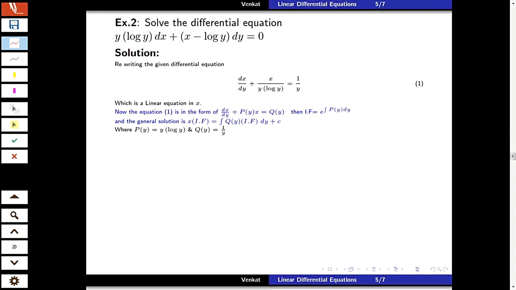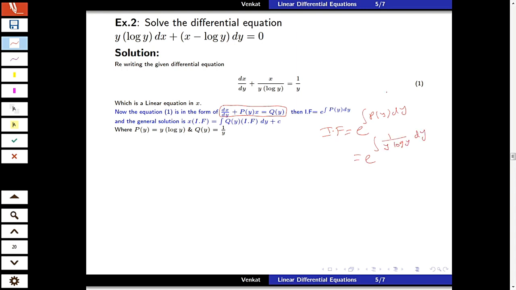What is p? The standard form is dx by dy plus p of y into x equal to q of y. What is p of y? Write p of y as 1 by y log y. We want the integrating factor, e power integral p of y dy.